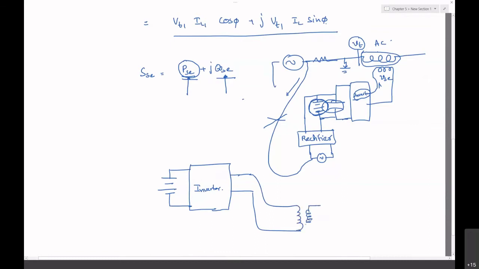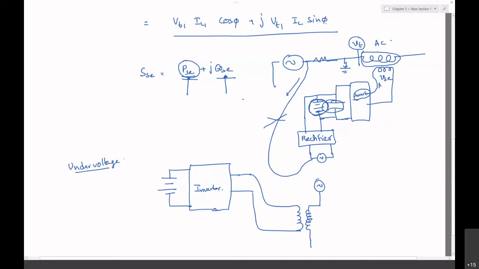We'll come back to the topologies. Now the point is, why can't we use this device to correct the under voltage?